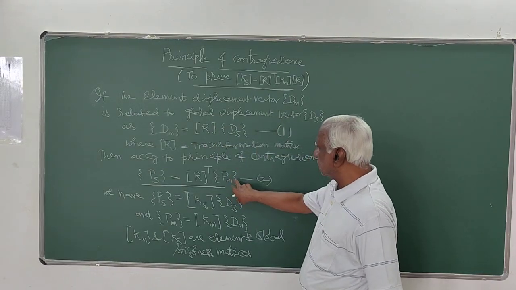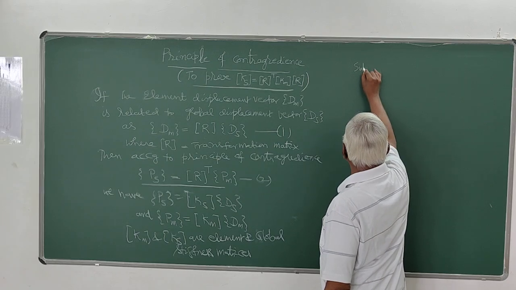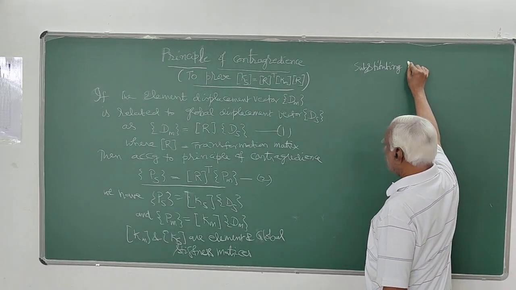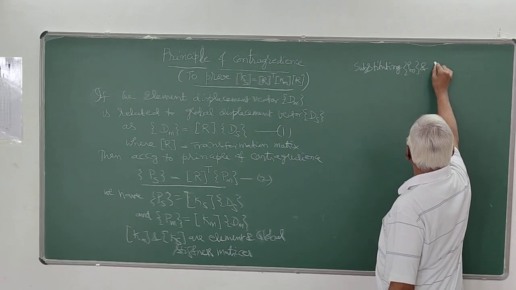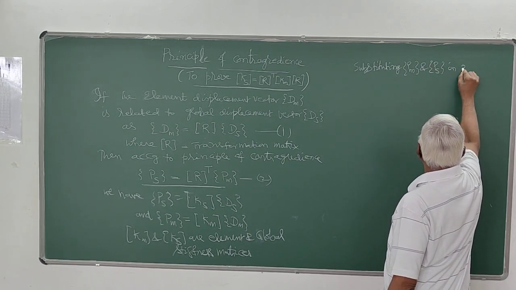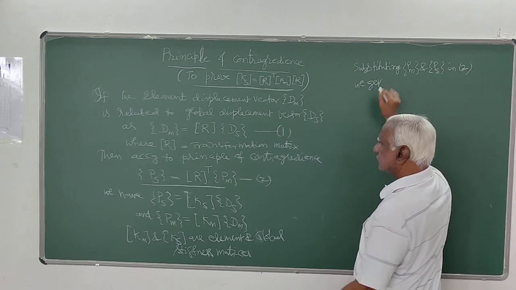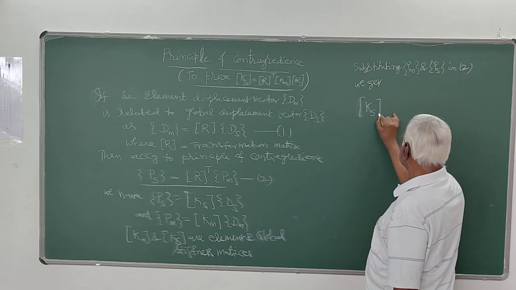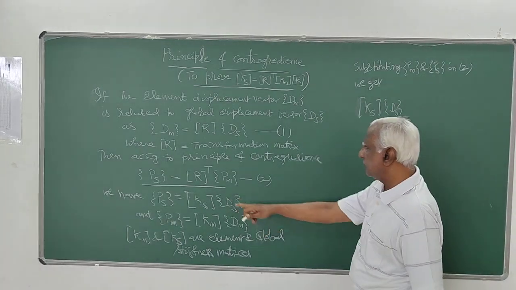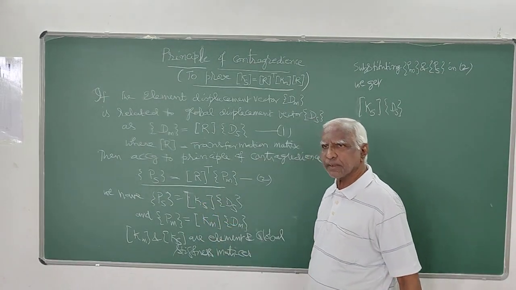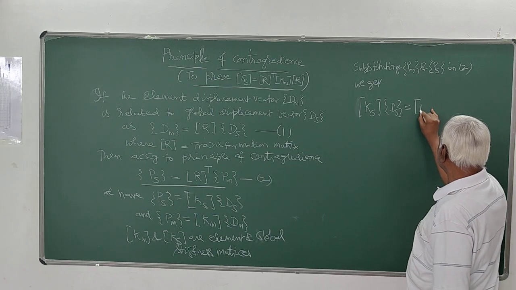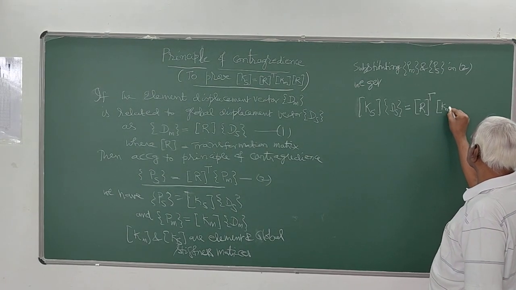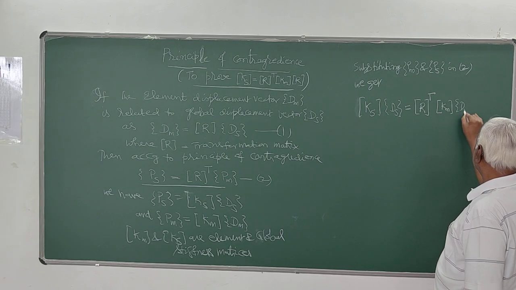So you substitute these two in the second relationship. Substituting Pm and Ps, we get Ps is Ks into ds, that is equal to RT into Pm, which is nothing but RT Km dm.